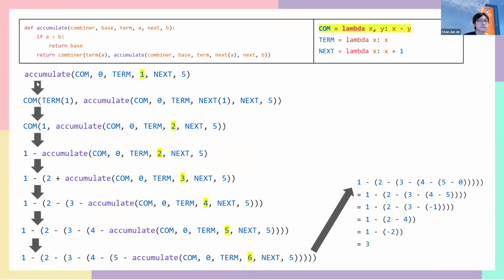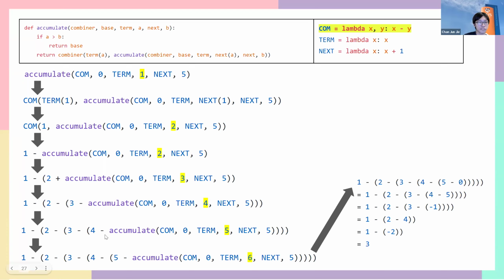But okay, so you can read it like this. The call to accumulate, where we use this new combiner, this non-commutative subtraction. The first step is basically combine term 1 and this call to accumulate. And as you go down, we are evaluating it step by step.